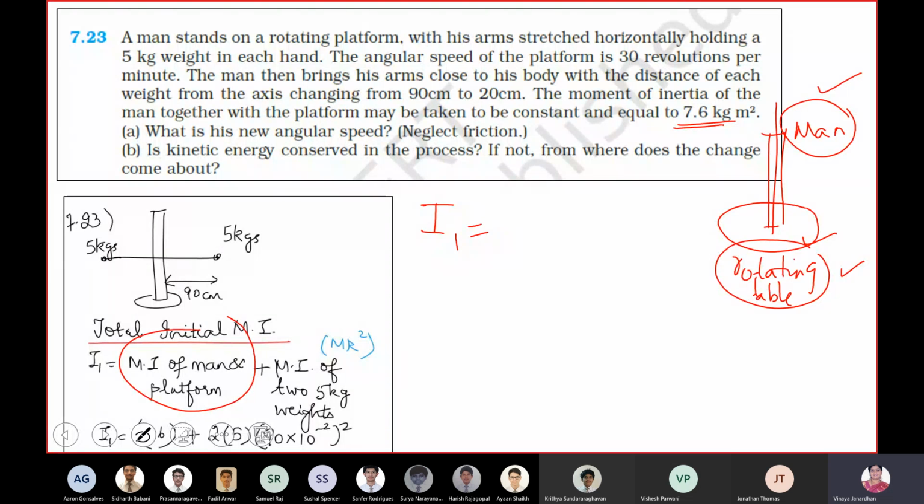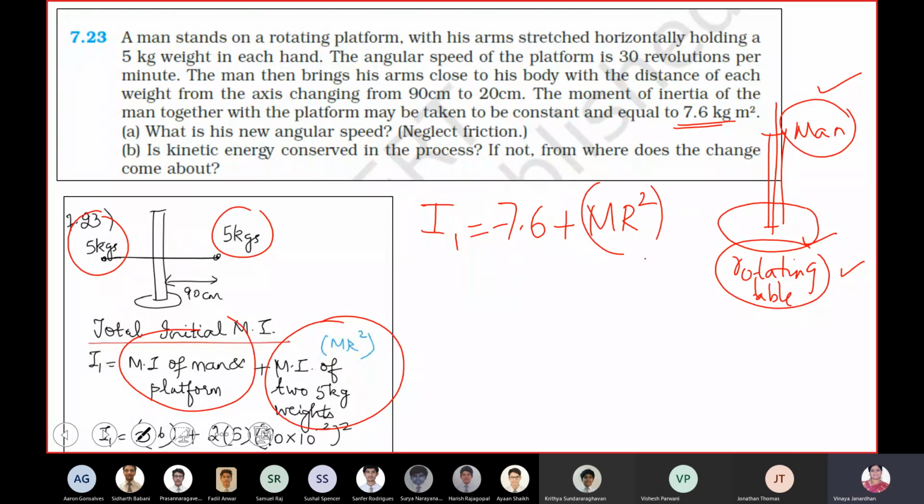Next, he is stretching his arms outward with 5 kilogram weights on each hand, which is 90 centimeter away from him. So the moment of inertia of the 5 kilogram weights is m r squared. So this is 7.6 plus m r squared.